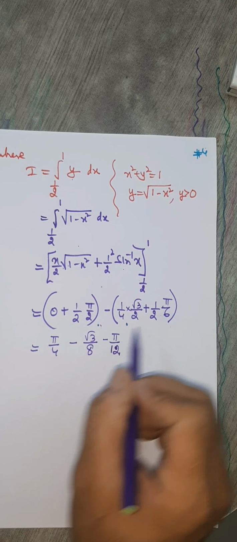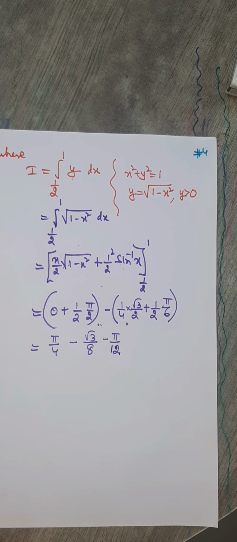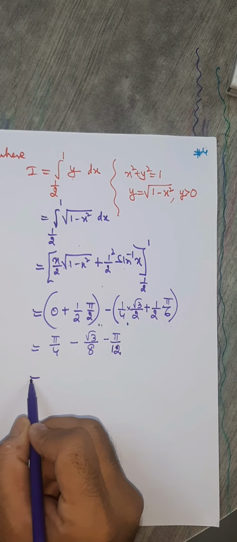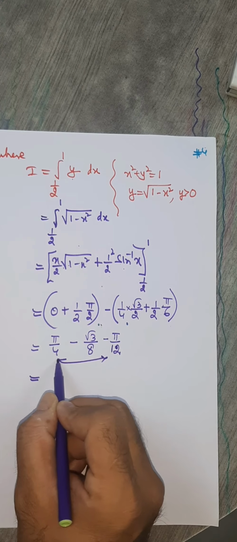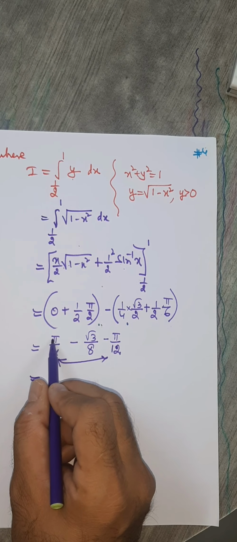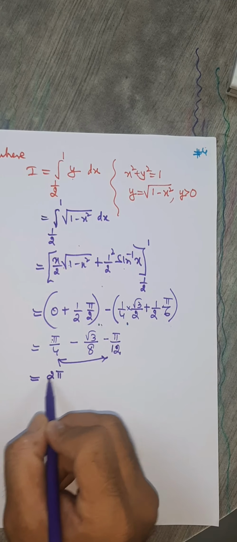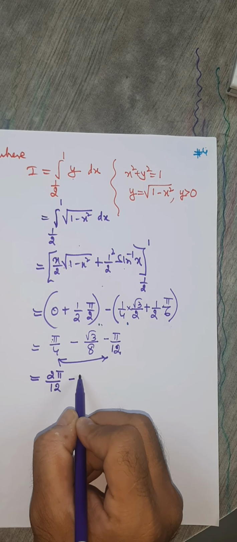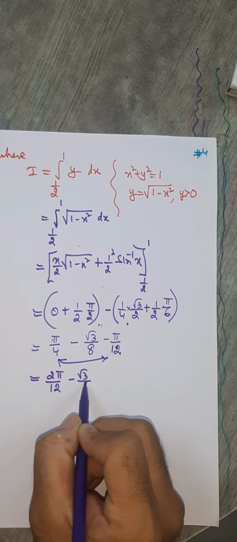Pi/12, I suppose. This is pi/12 now. So let me just combine these two here. So here 3 pi minus this, so 2 pi/12 minus root 3/8.